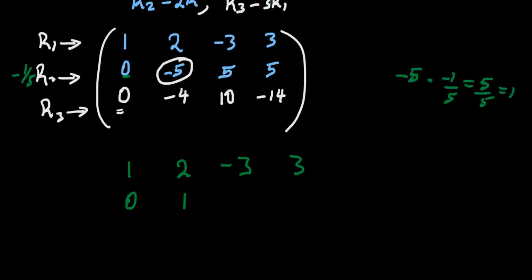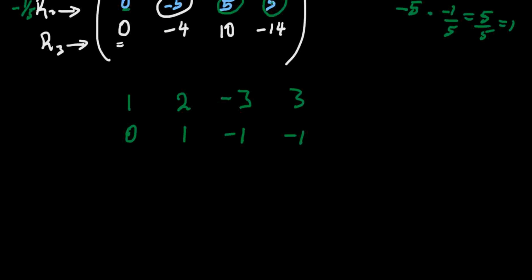Then negative 1 over 5 times this 5 would give us negative 1. Negative 1 over 5 times this 5 would give us also negative 1. Good. So now let's keep row 3 the same.